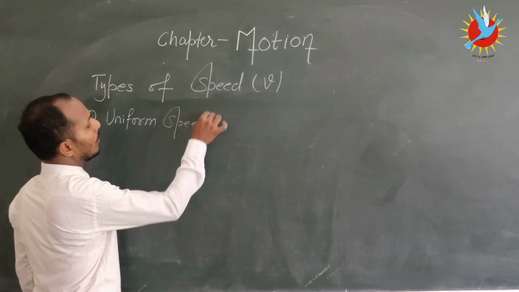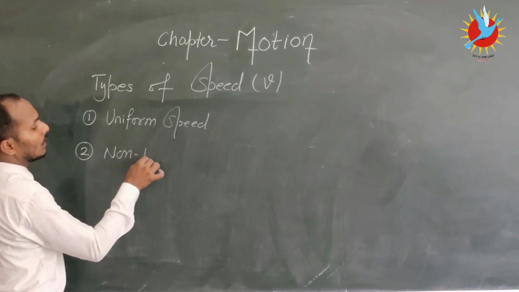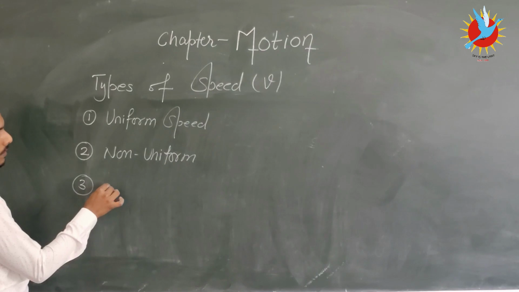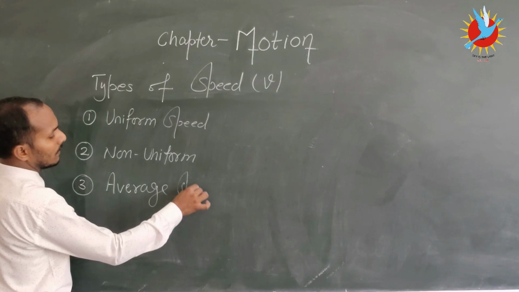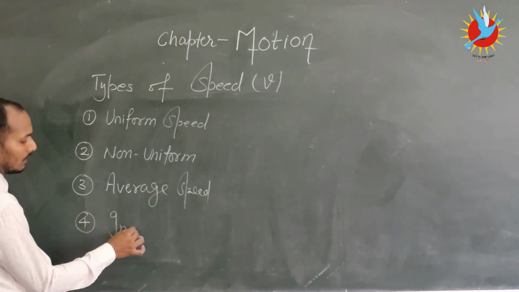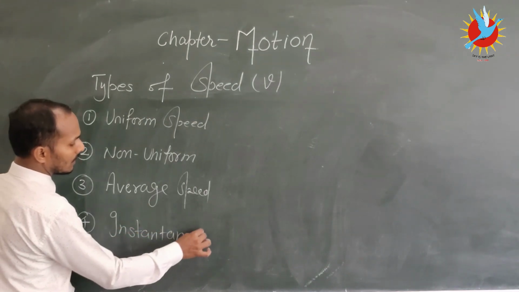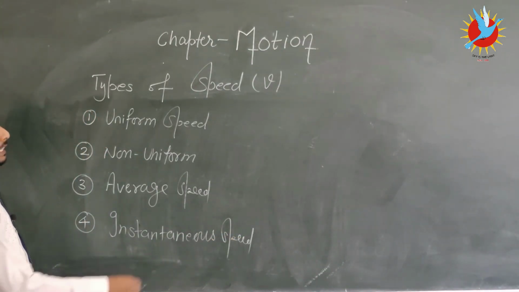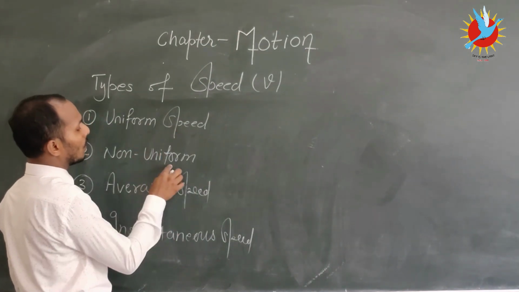The second one is non-uniform speed. The third one is average speed, and the fourth one is instantaneous speed. Okay, so the types are uniform speed, non-uniform speed, average speed, and instantaneous speed.